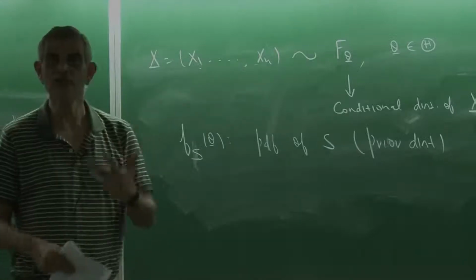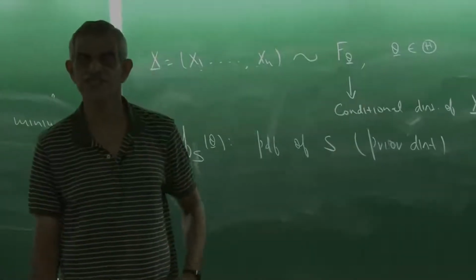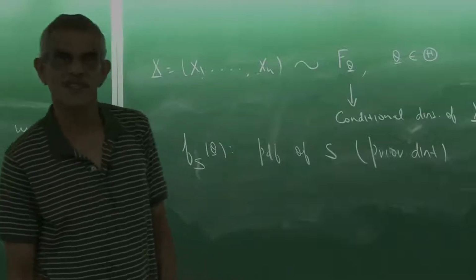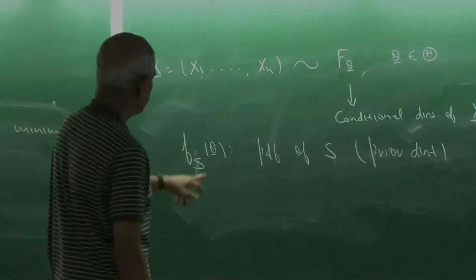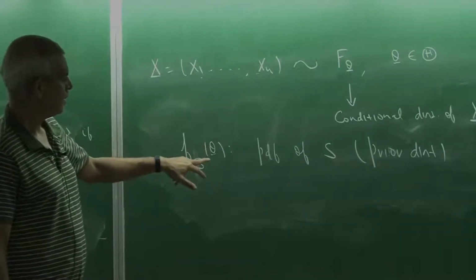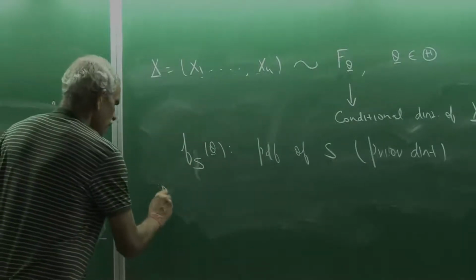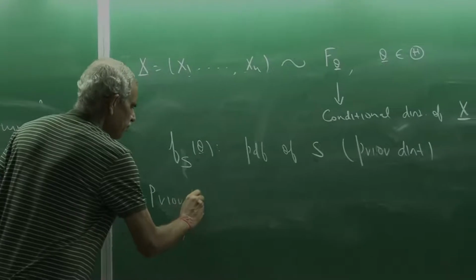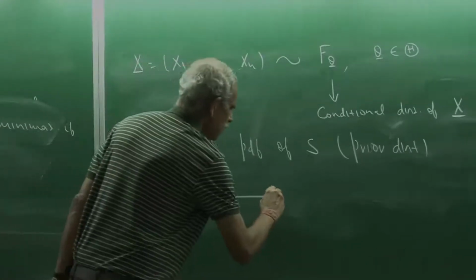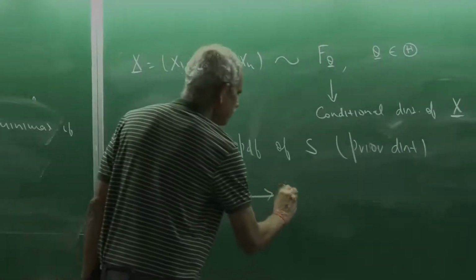By taking the sample, you have got some more information about the unknown state of nature. So to begin with, I have a prior information. Then second stage, I have data.